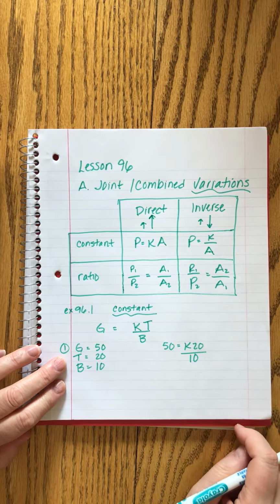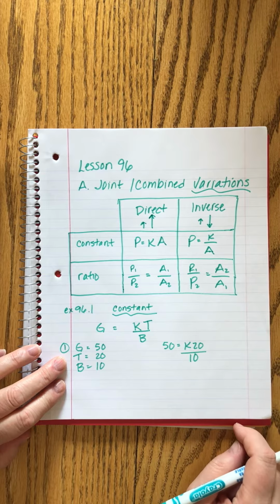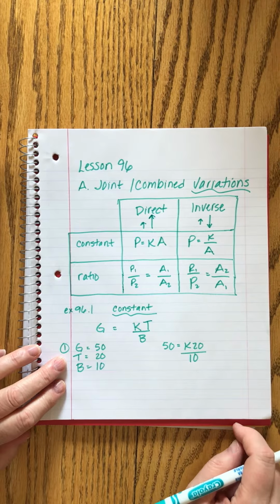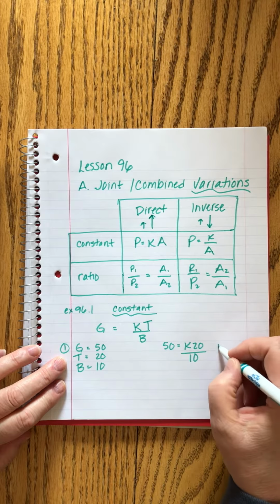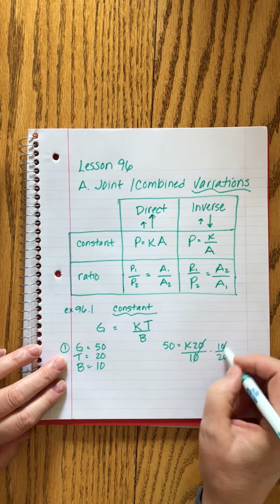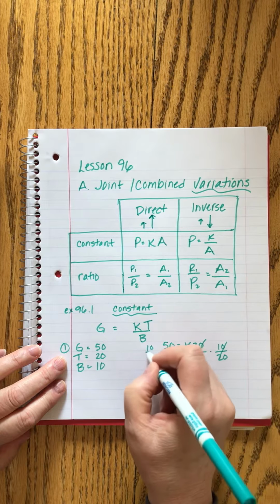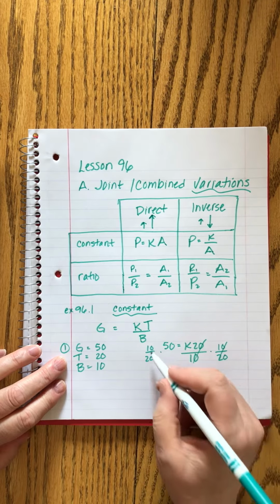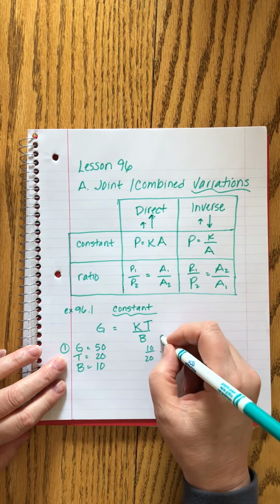Okay, good. Let's do this. Let's multiply by the reciprocal to make all this cancel, and then we have to do it over here as well. Okay, this becomes 500 on top.